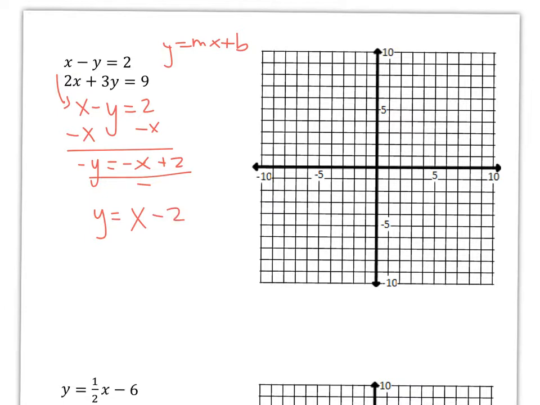So if I go ahead and graph that, my y-intercept is -2 and my slope is 1. So up 1 over 1. And again, I can plot as many points as I need to get my line as accurate as possible. And now I'll rewrite the second equation into slope-intercept form because again it will be easier to graph.